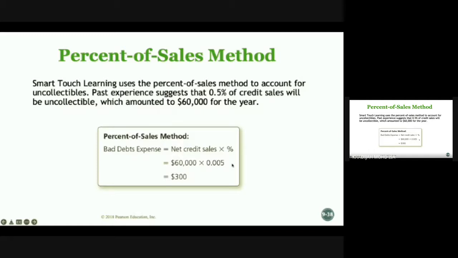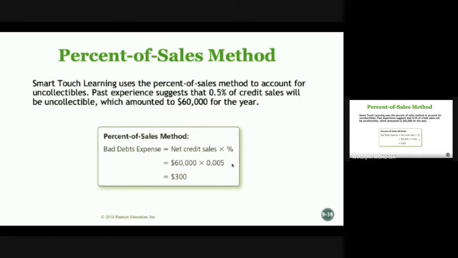How do you know? 0.5 divided by 100, you get 0.005. So be careful with that. That's what you mean by 0.5%.